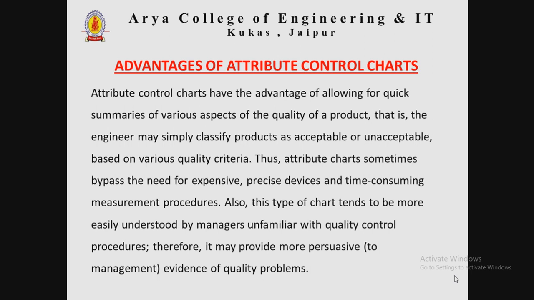Thus, attribute charts sometimes bypass the need for expensive, precise devices and time-consuming measurement procedures. Also, this type of chart tends to be more easily understood by managers unfamiliar with quality control procedures. Therefore, it may provide more perspective.